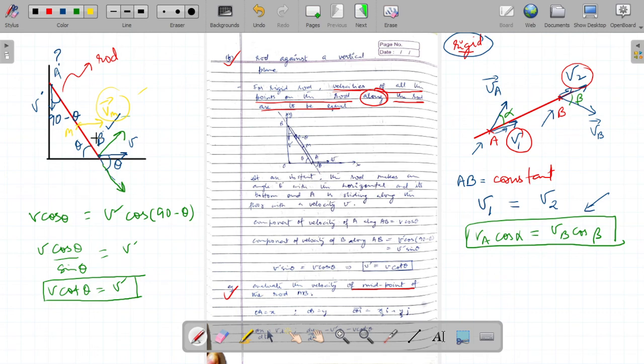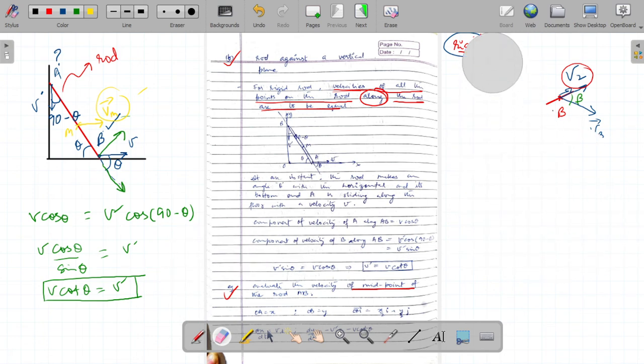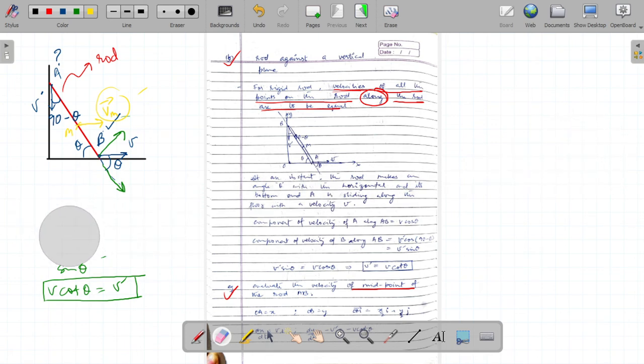So how do you think about it? What we can say is that we know at least two points' velocity on this rod, that is the velocities of endpoints, but that is not helping us directly in finding the velocity of midpoint. Where would the midpoint be? It would be at some location.